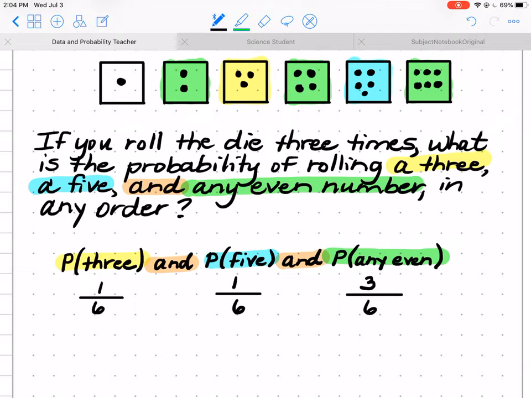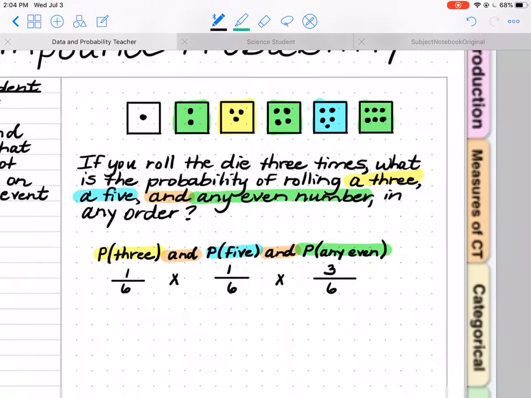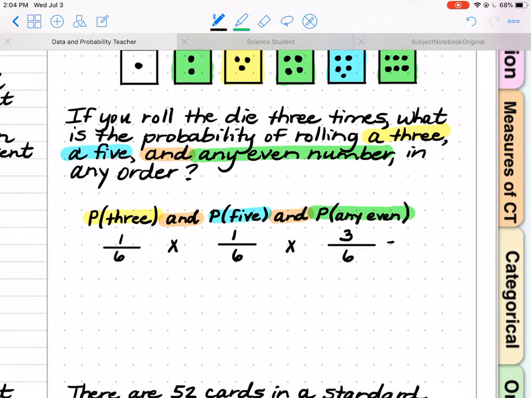And you remember what to do when you see the word and. You multiply. And just for the record, if you see the word or, O-R, you would add. But ands are multiplying. So we're going to put this into our calculator. We're just going to say 1/6 times 1/6 times 3/6.